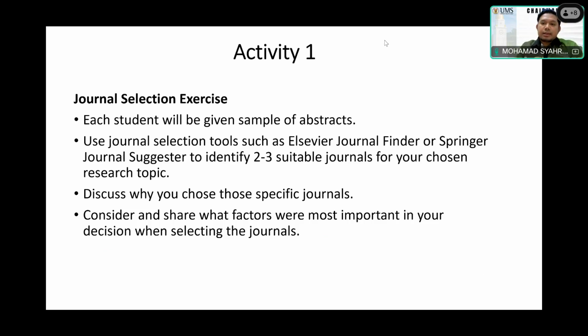Now, our activity one. All of you will be given a sample abstract. I think most of you can access ITEL, right? I have uploaded the lecture notes there.